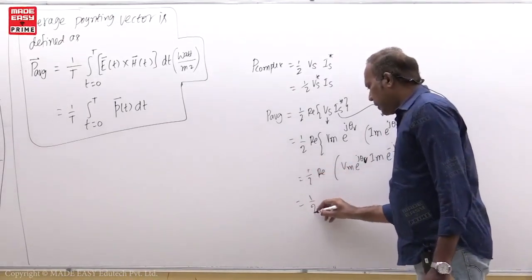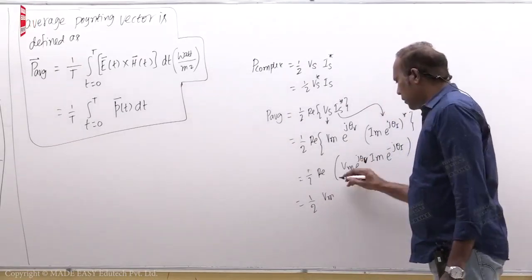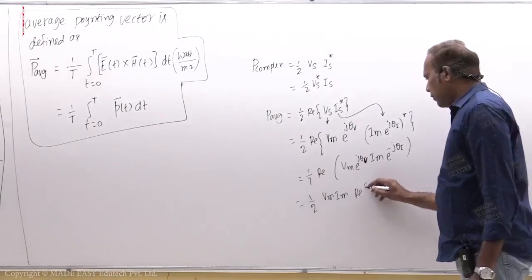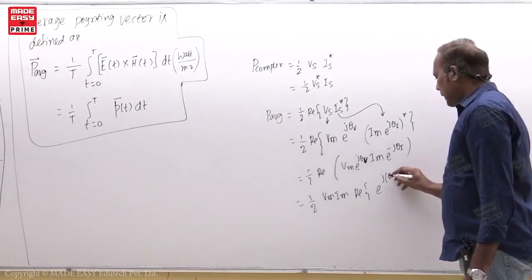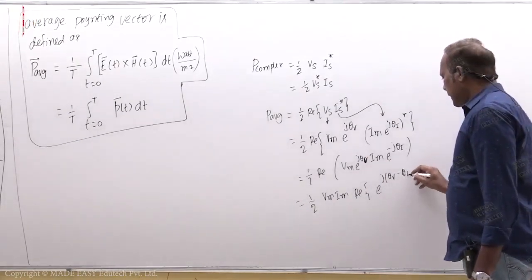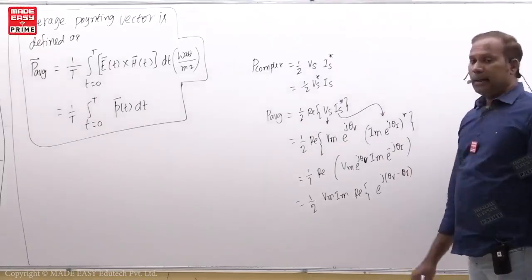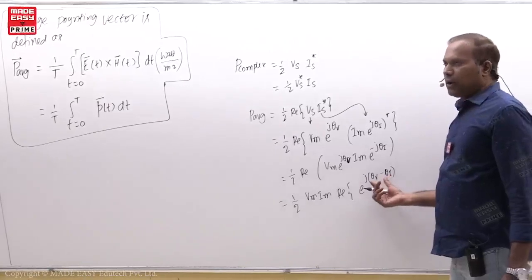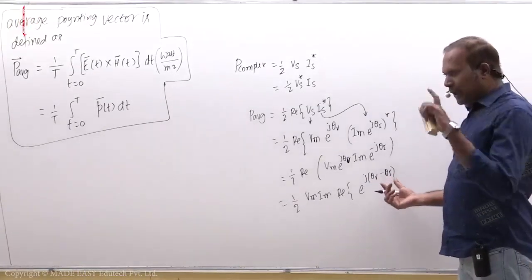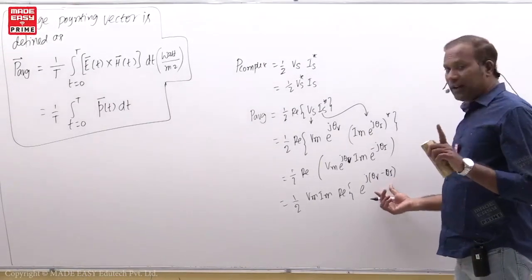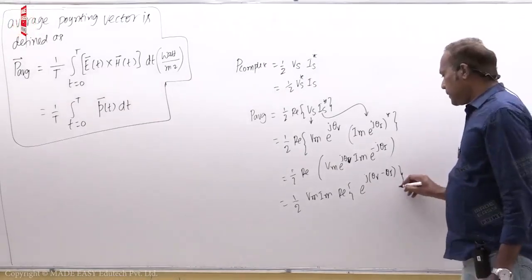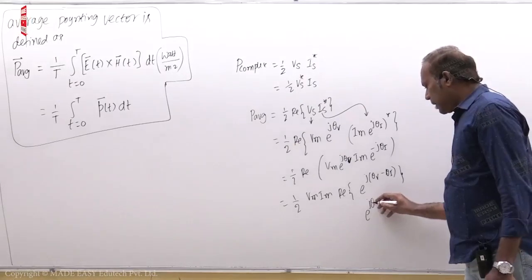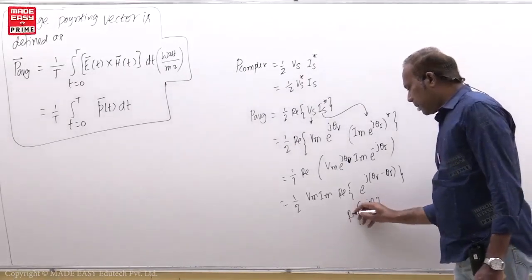So now that is equal to half Vm comes out, Im comes out, then real part of e power j (theta V minus theta I). This is nothing but theta, the phase difference between voltage and current. That is also nothing but the angle of impedance. So real part of it is called simply e power j theta, real part.